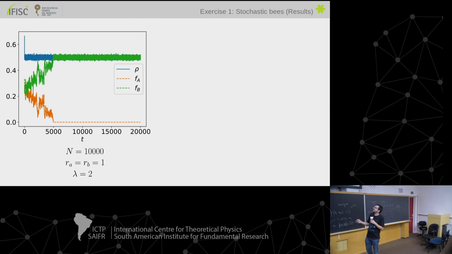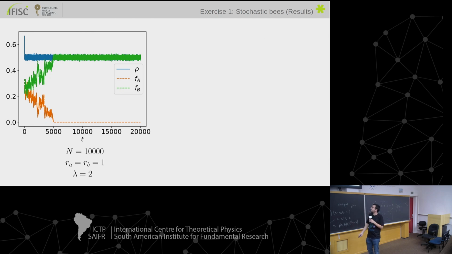And as you can see here, at some time, the total number of bees that has chosen one strategy reaches a sort of meta-stationary state, let's say, and it stays there. Then at some point, one strategy goes extinct, so it goes to an absorbing state, and all the population has just one opinion, which is nice.